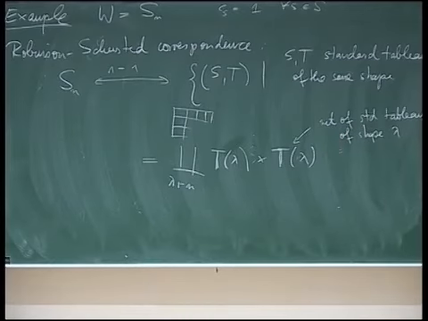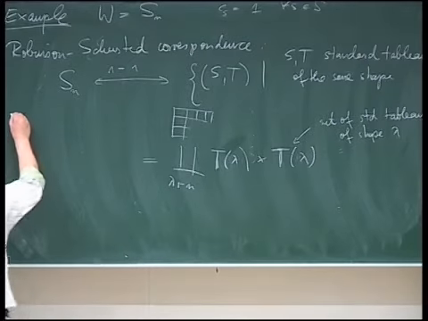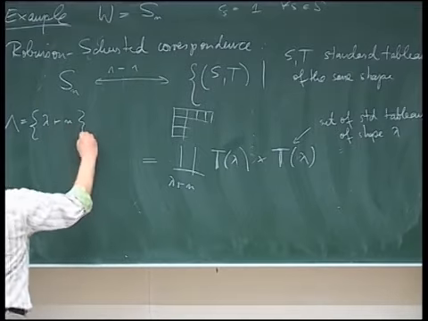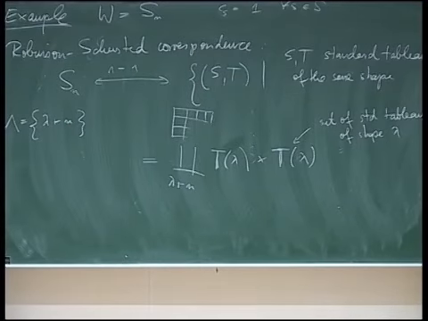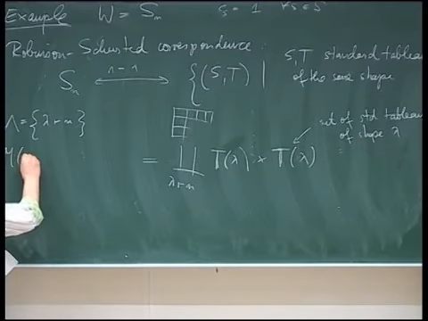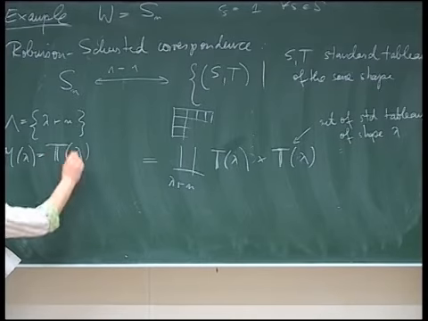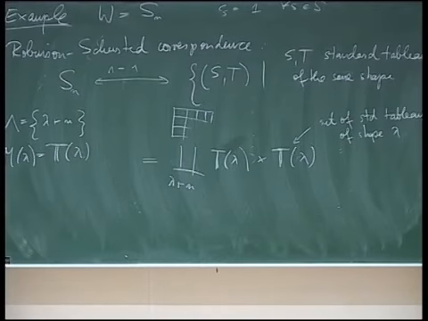Maybe we see the ingredients that we need for our cellular basis. Let's take capital lambda, the set of all partitions of n. We take m lambda to be the set of standard lambda tableaux.